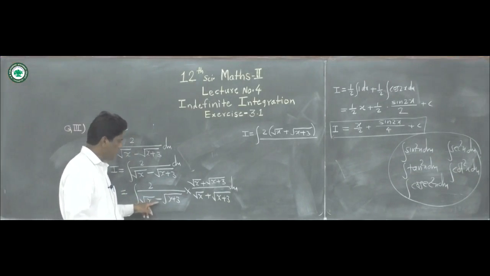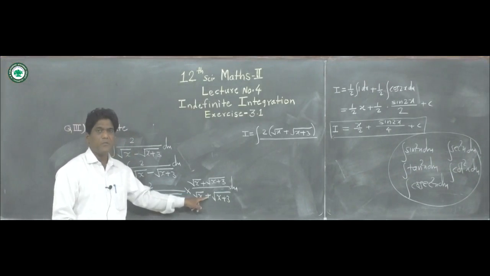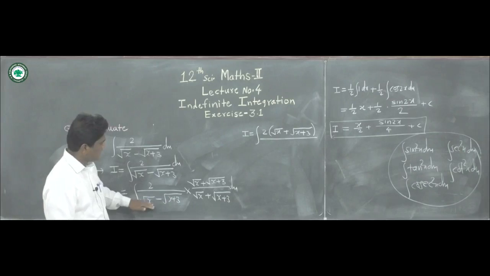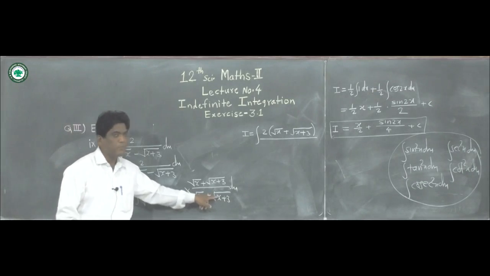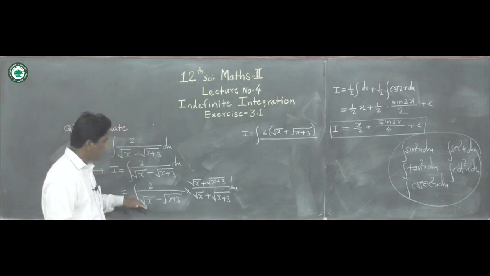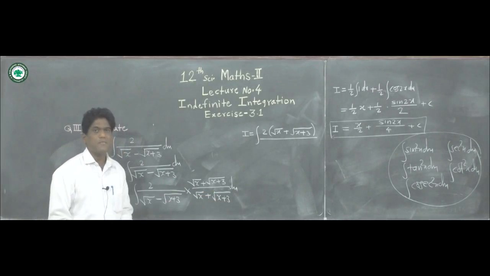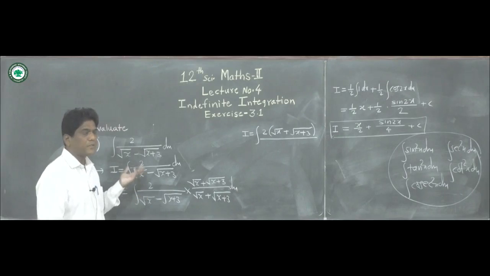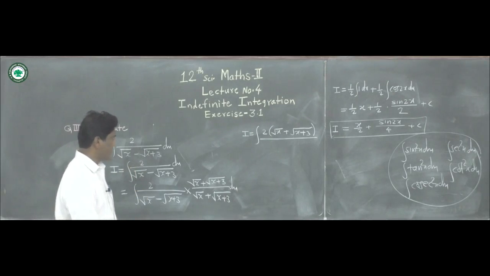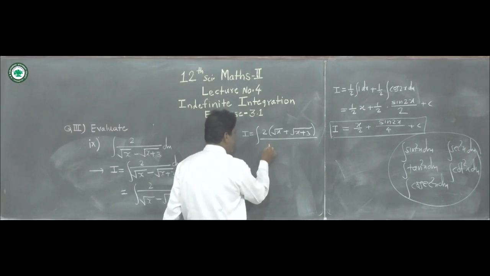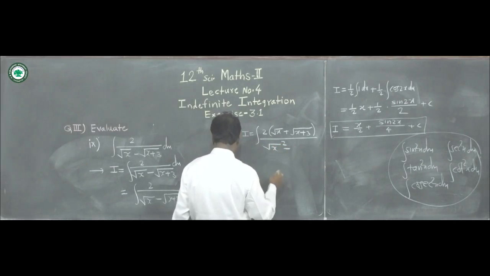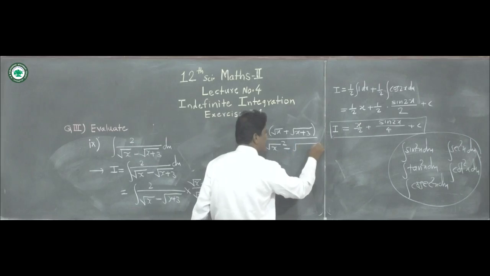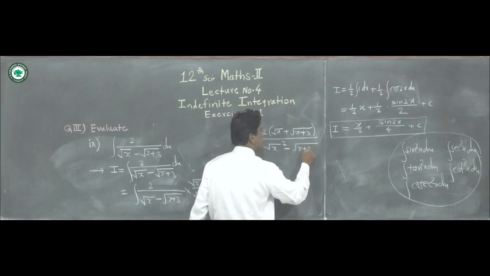Same terms, only minus and plus, and we know the formula. If we call this a, this b, a minus b into a plus b is a square minus b square. So a is here root x, its square, minus b is root of x plus 3, its square, dx.